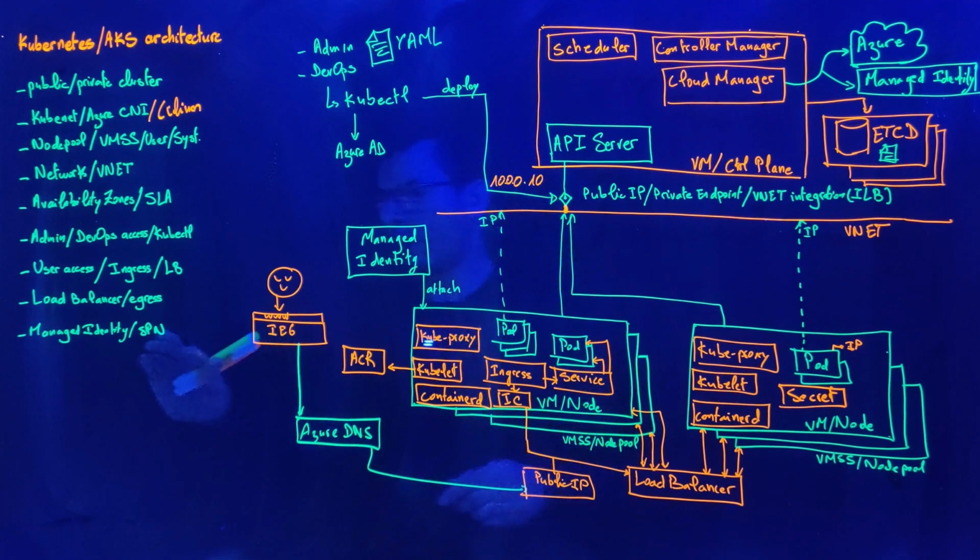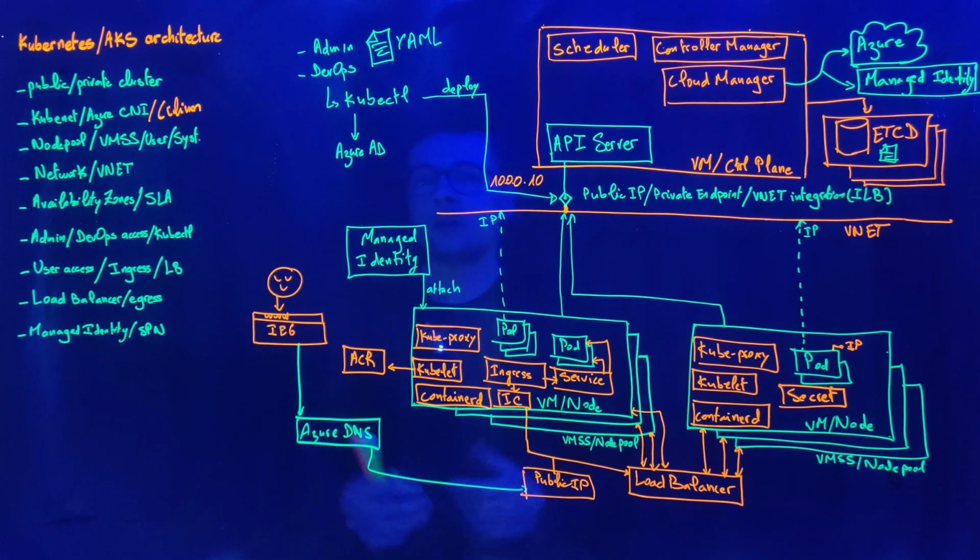Previously, with the old versions of AKS, we used the service principal to manage the authentication with other Azure services. Now it's of course recommended to use a managed identity instead.